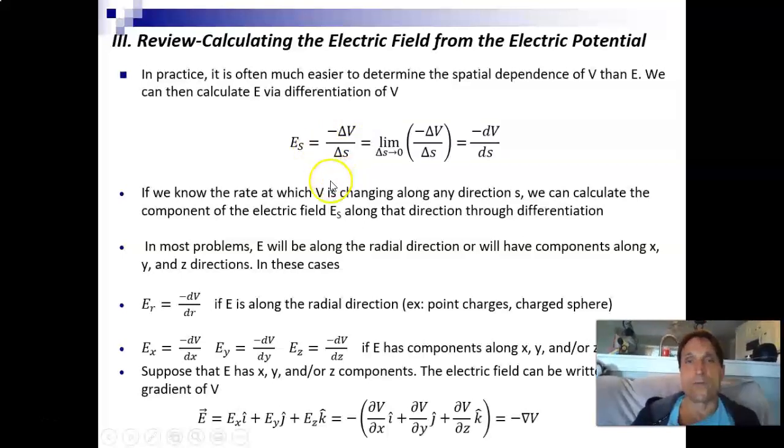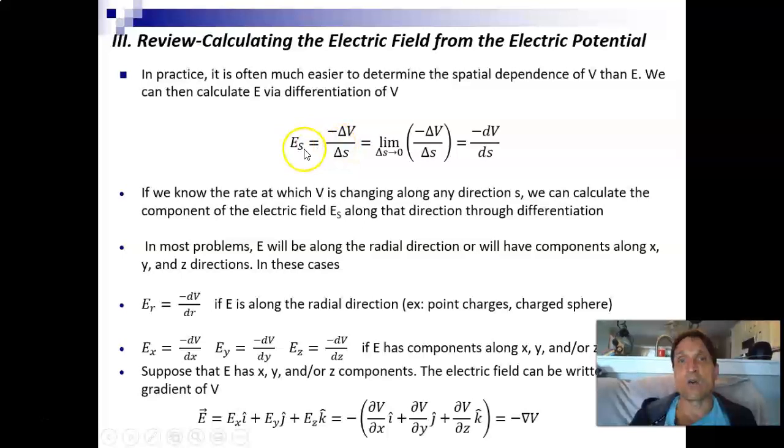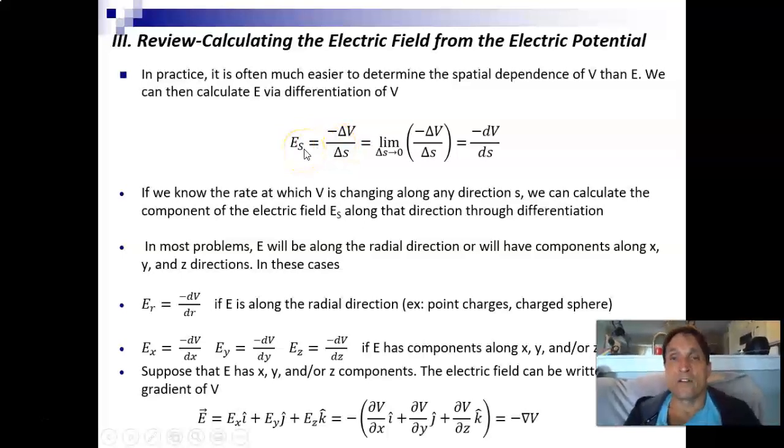And so if we know how V is changing, if we know the rate, how many volts per meter, along some direction S, we can calculate that component of the electric field through differentiation.